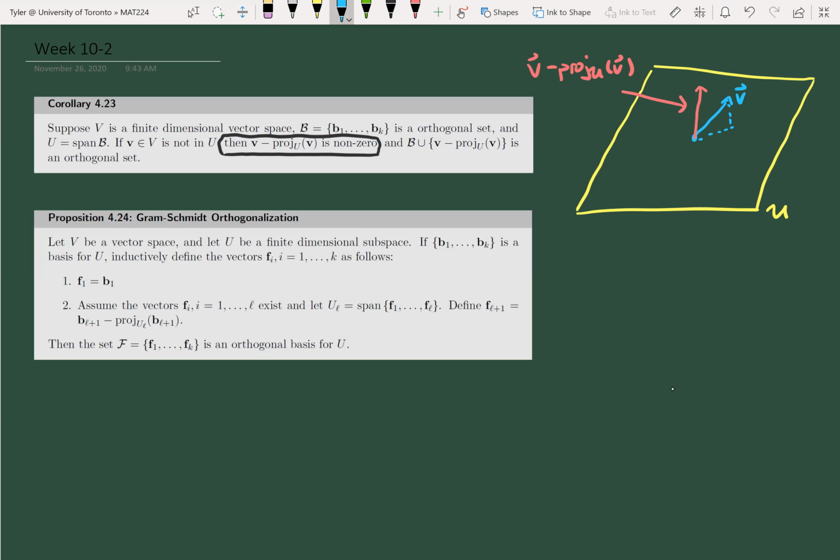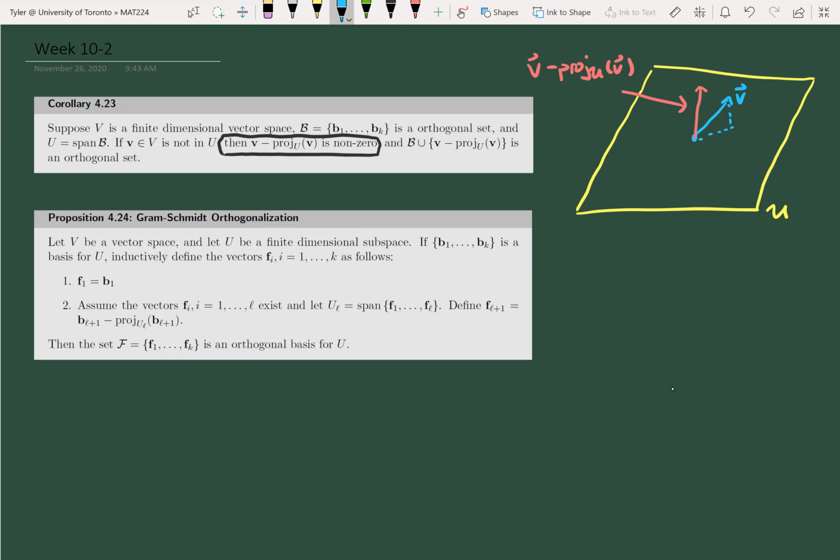So that's all this corollary is saying, and it's not too big a deal. I don't want you to worry too much about it, but what it's doing is sanity checking that the Gram-Schmidt orthogonalization process is going to make sense. So Proposition 4.24 says, let's say you're given this basis. We're going to do this by induction. Choose f1 to be whatever basis vector you want, but usually we take it to be the first basis vector.